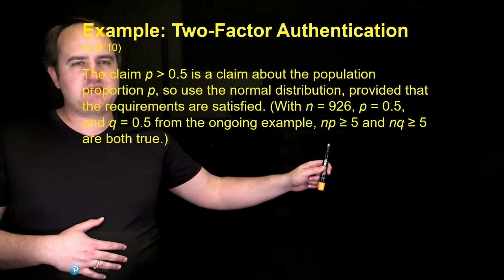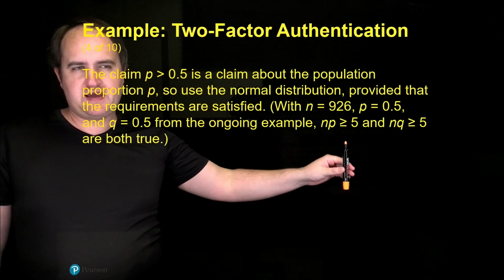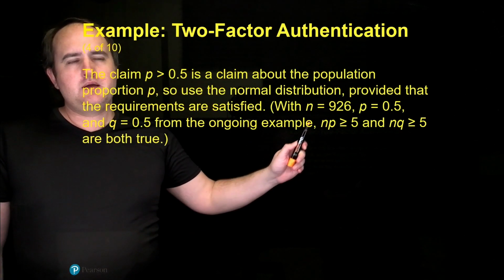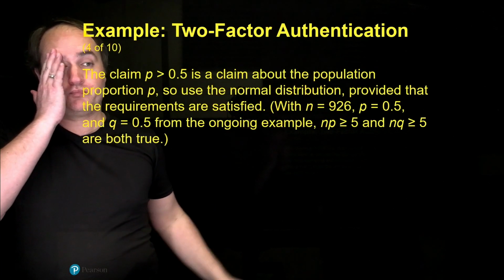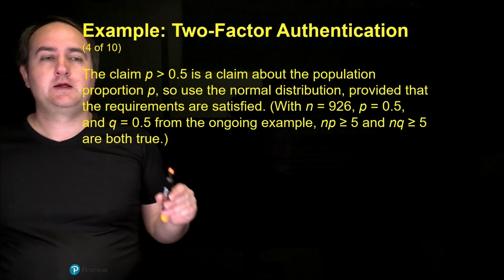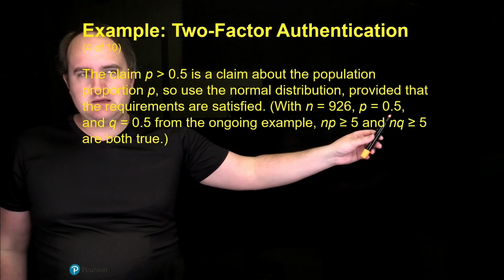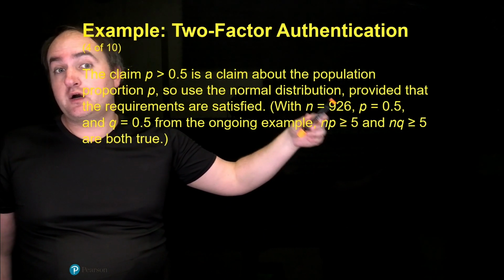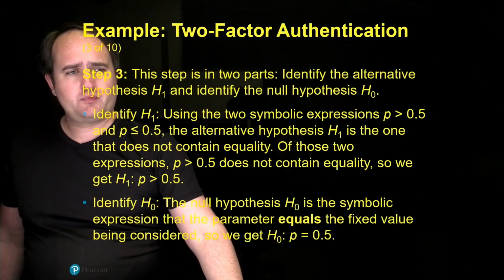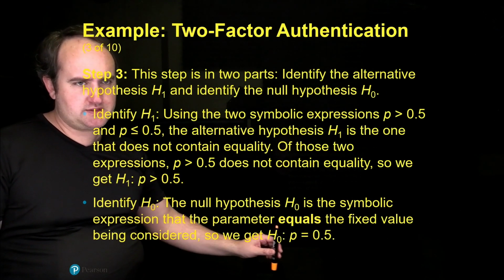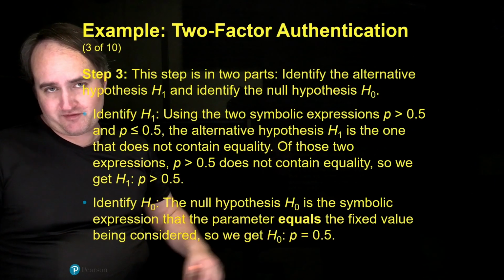So like I said, the requirements are met in all of our homework problems, but here they have it worked out. N equals 926 in the two-factor authentication problem, P equals 0.5, and Q equals 0.5. So remember that P is the P that we got in our null hypothesis. So going back to that slide, remember we said our null hypothesis was the one with the equals, so that's how we got P equals 0.5.